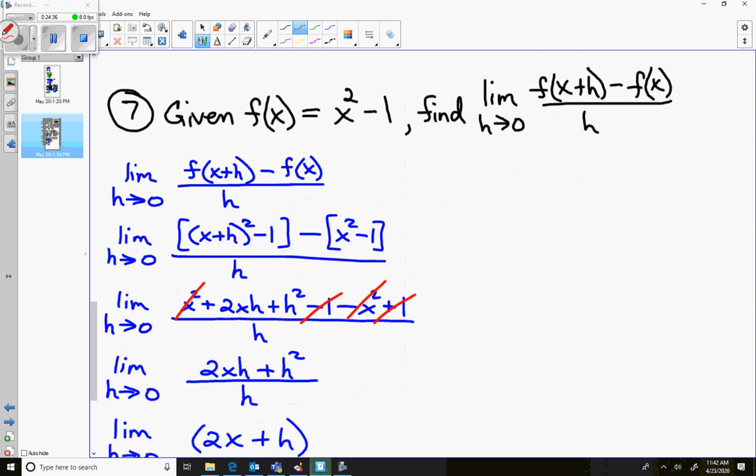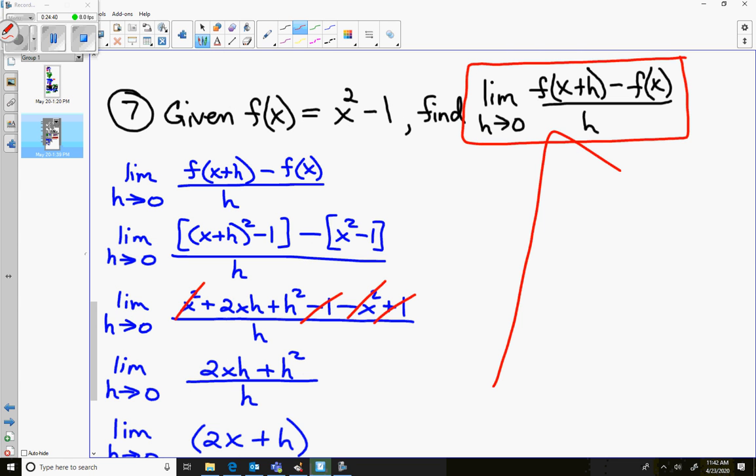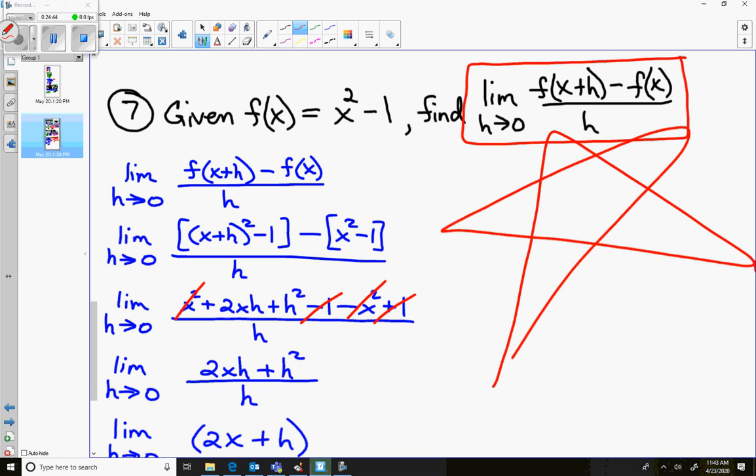So again, this part right here, huge concept for calculus. So I would make sure that we know it and know it well. Be very confident in it. And that wraps up 12.2.